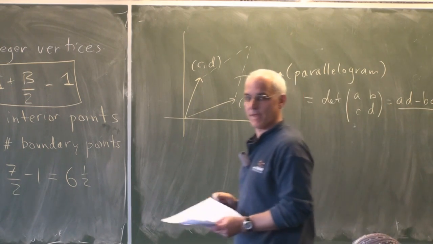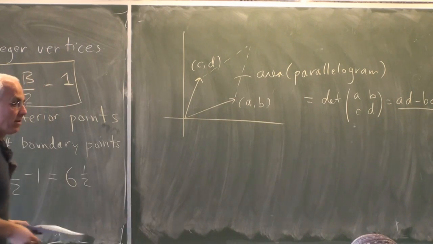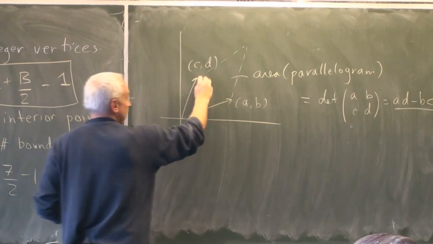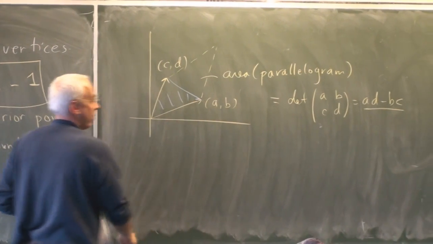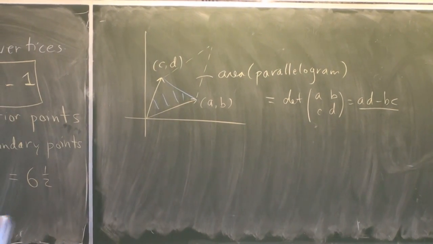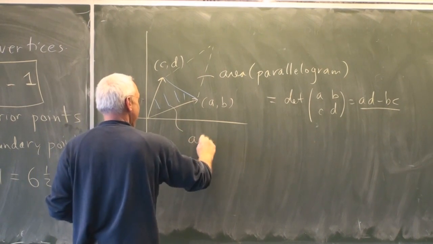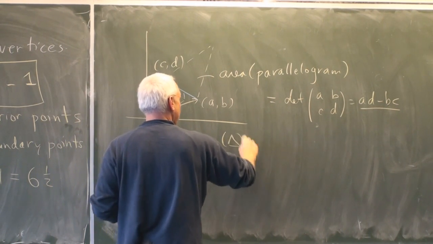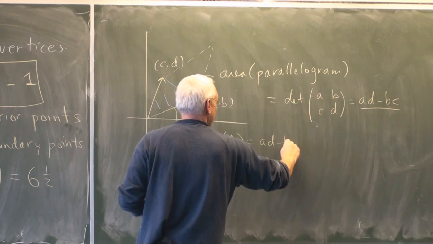Right? And so the area of this triangle would then be half of that, AD minus BC over 2.